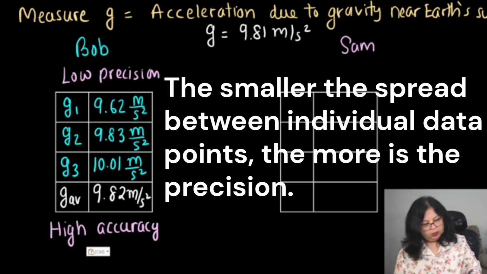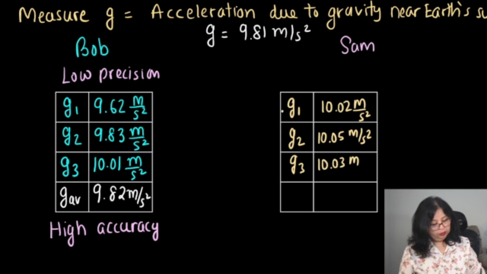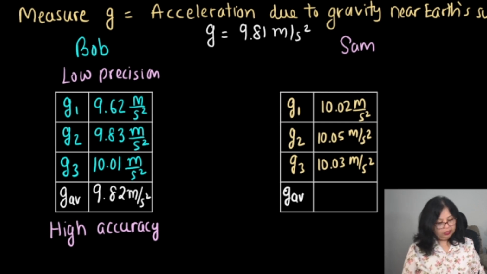Sam's first value, g1, is 10.02 meters per second squared. g2 is 10.05 meters per second squared. g3 is 10.03 meters per second squared. This gives the average value to be 10.0333 meters per second squared.